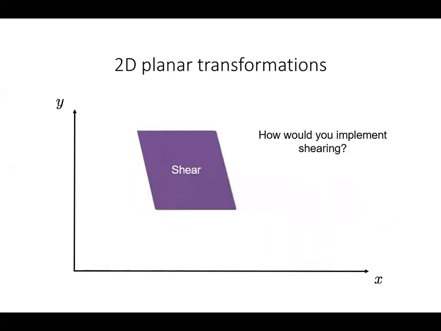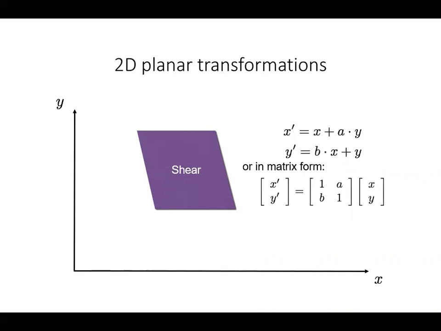How would we implement shearing, for instance? Again, shearing is nothing but a translation with the scale. So x dash will be the original x plus the scale multiplied by the y direction, because the shear is just like going in the other direction.